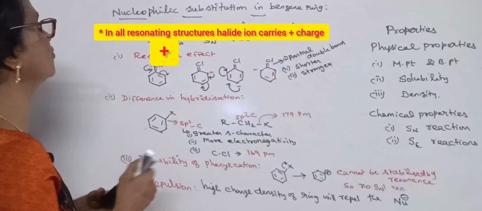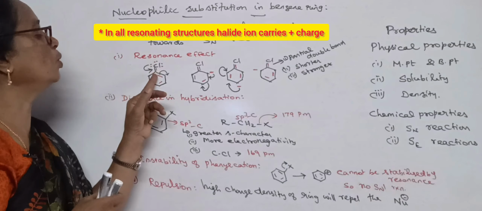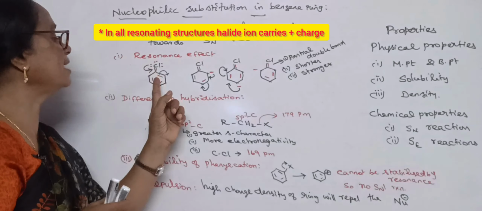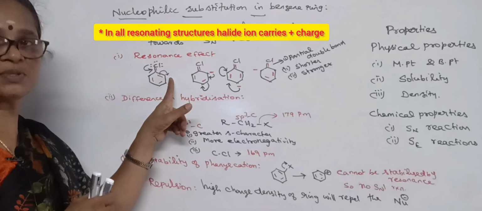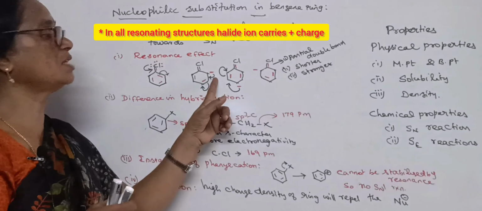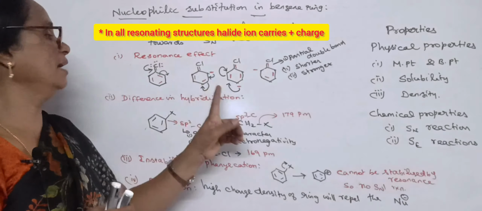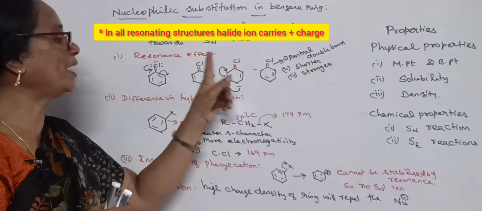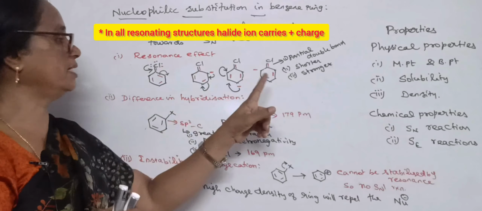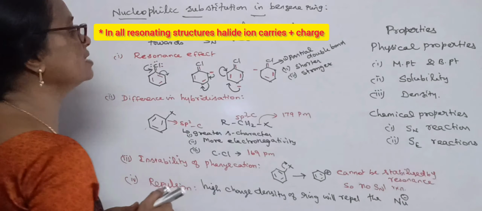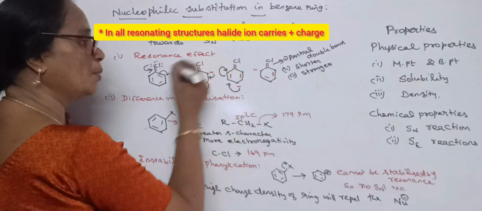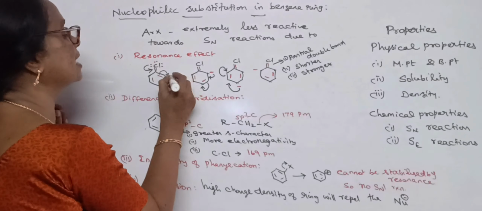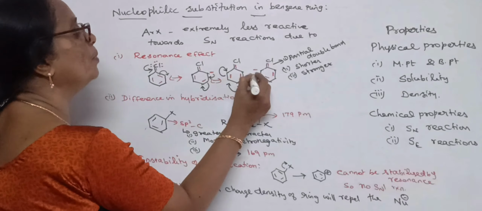As a result, the first carbon's valency goes to 5, and the first pi electron comes out, which makes a negative charge at the second position, and this negative charge gets delocalized inside the ring, and hence we get the possible resonating structures of halobenzene.